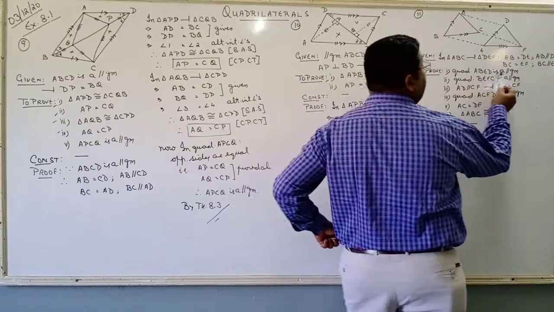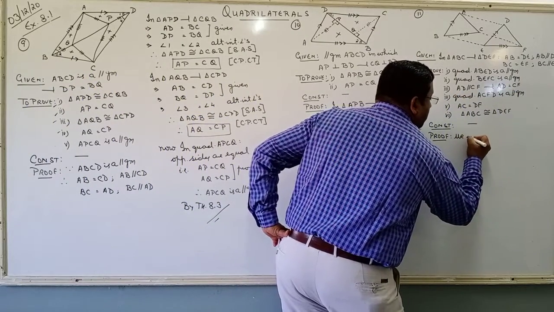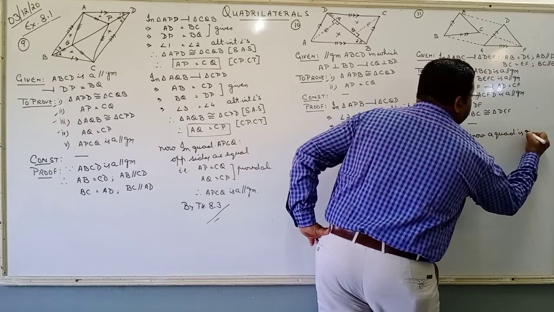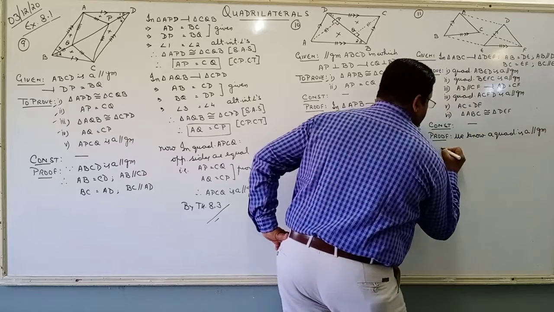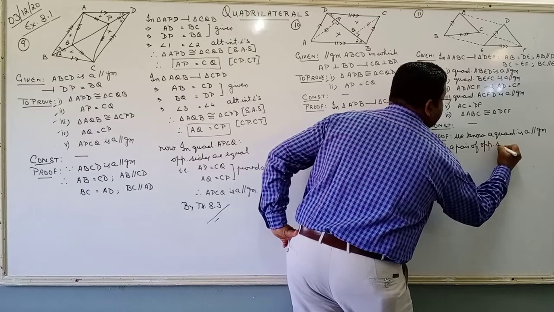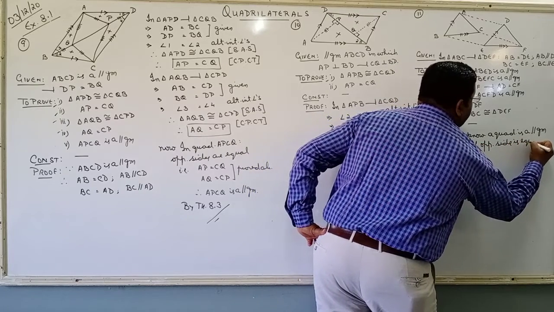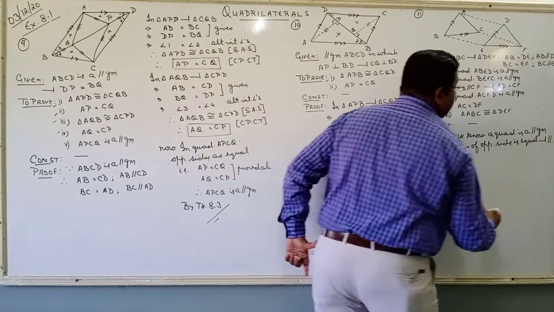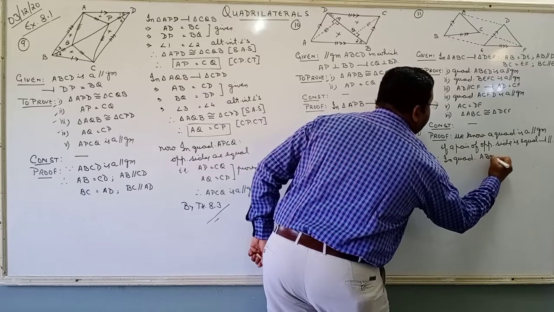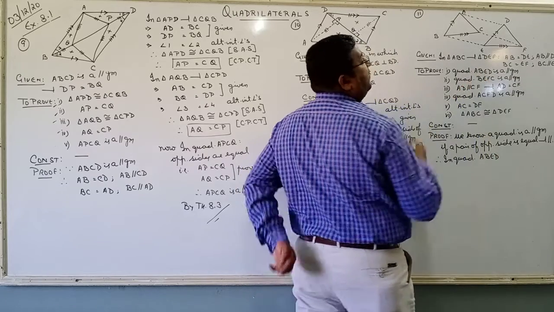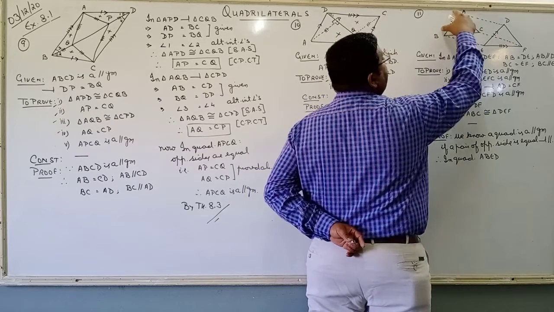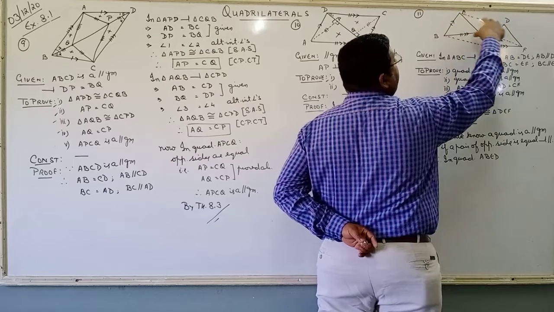First, quadrilateral ABED. What do we know? A quadrilateral is a parallelogram if a pair of opposite sides is equal and parallel. So in quadrilateral ABED, can you see AB is equal and parallel to DE?